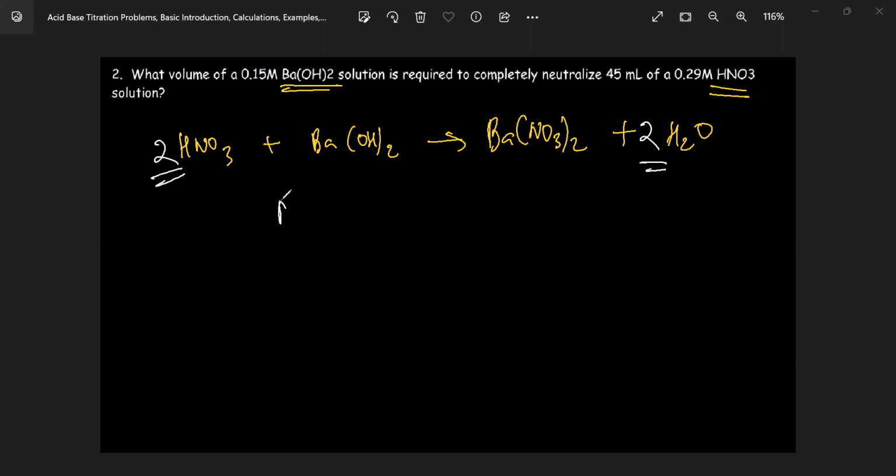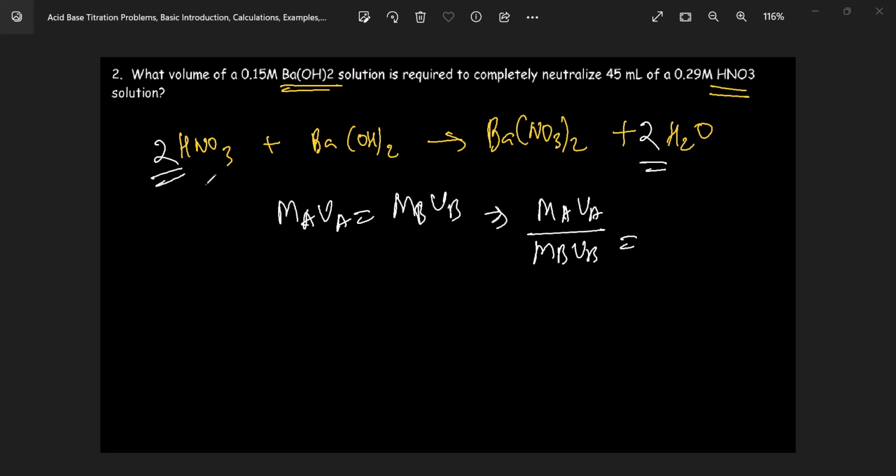We know for titration we write MaVa equals MbVb. This is what we write, but this time you will have to write it differently because this requires 2 and 1 to be there. So let us write it like this: MaVa upon MbVb equals.